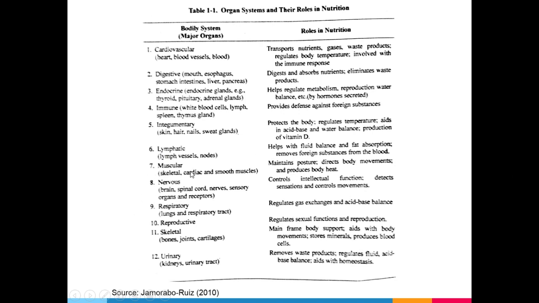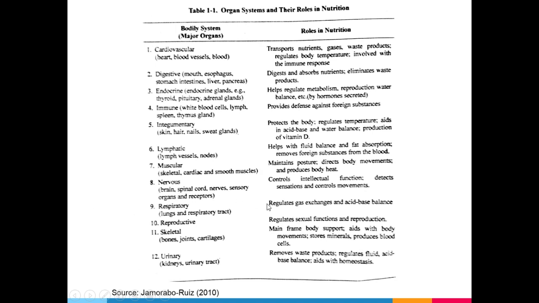We also have the muscular system. The muscular system is the reservoir of our proteins. So if kulang atong proteins, then dili pud maayo atong mga muscles, and that is a main indication of malnutrition.